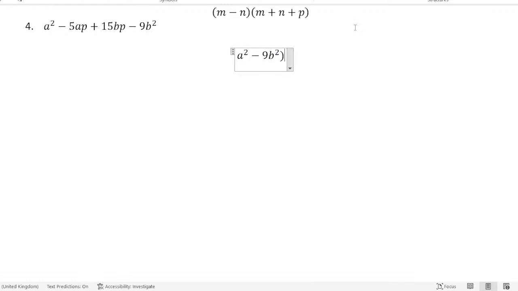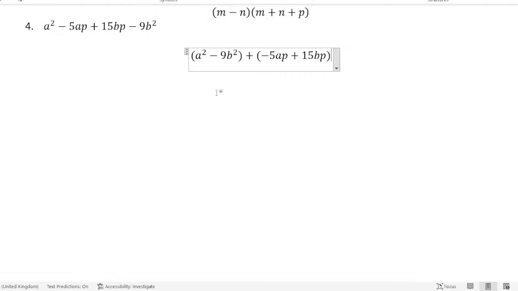Then I'm grouping them together, then we'll be left with minus 5ap, then plus 15bp, close brackets.